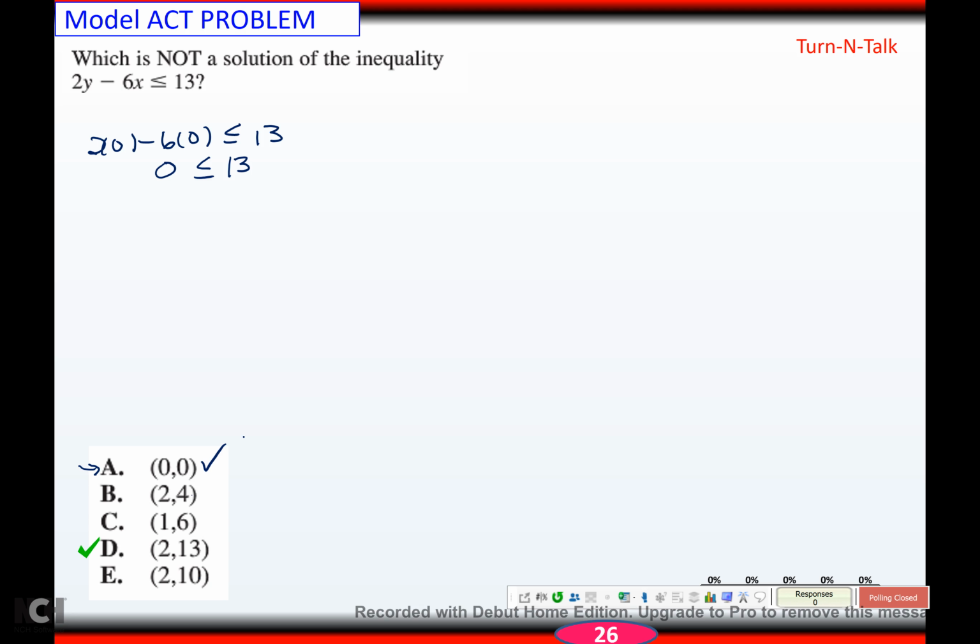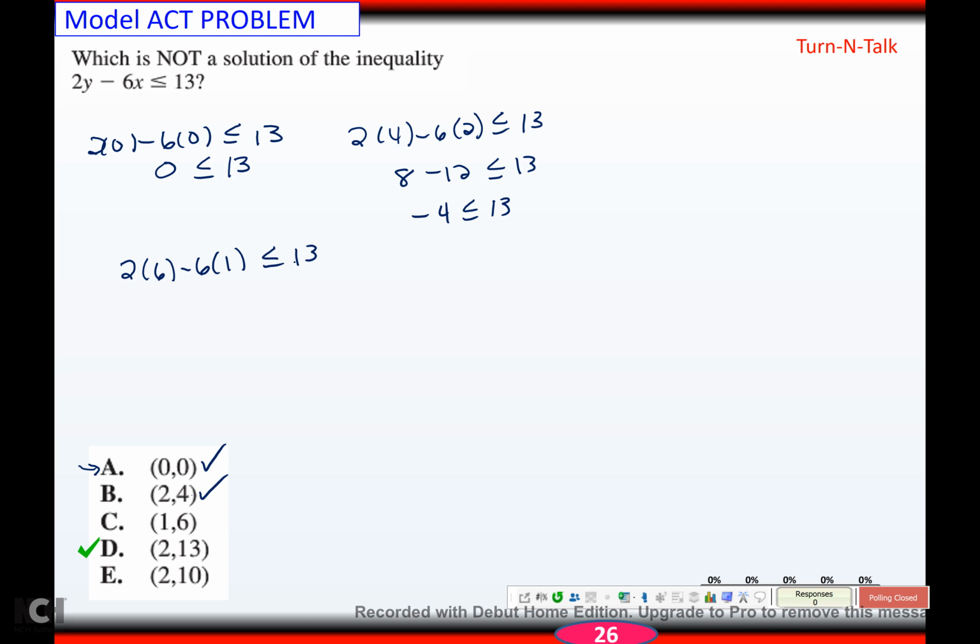If I try 2, 4, I'm going to have 2 times 4 minus 6 times 2 less than or equal to 13. That's 8 minus 12, that's negative 4. That's true, so it's a solution. 1, 6, so 2 times 6 minus 6 times 1 less than or equal to 13.